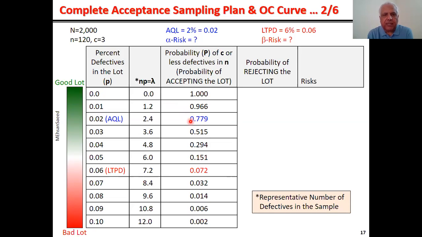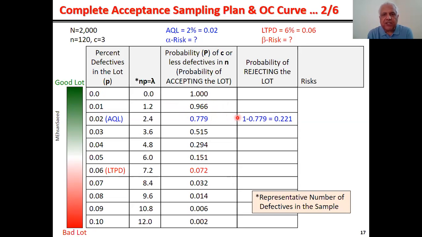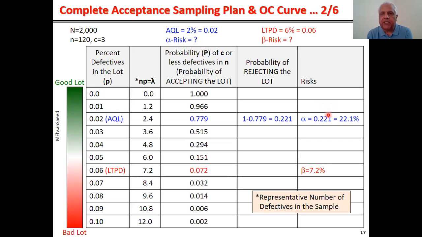Rejection, rejecting something good. So we have to take the complementary of this figure. So if this is acceptance, the rejection will be 1 minus this, which is 0.221. So your alpha risk is 0.221. We always express risks in the form of a percentage. So we say alpha risk is 22.1%.